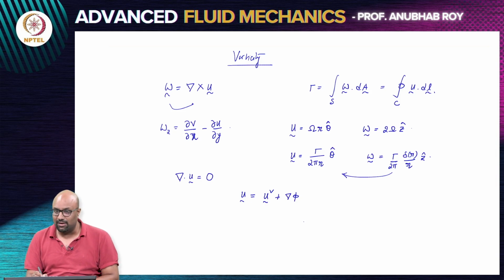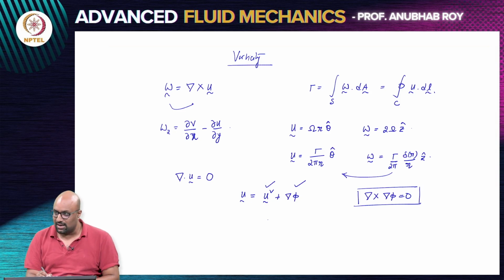Irrotational is something that we have been introduced to as having 0 curl. This is the definition. Curl of a gradient is always 0. So, I can write a velocity field as a part that has a non-zero curl and a part that has 0 curl. This is just a decomposition of a velocity field.